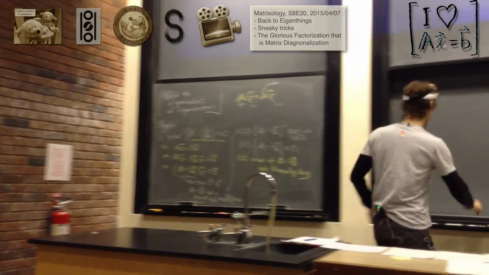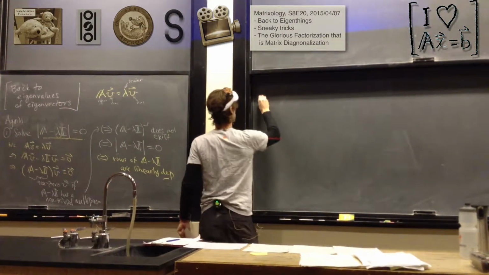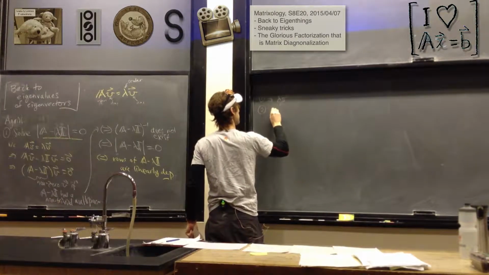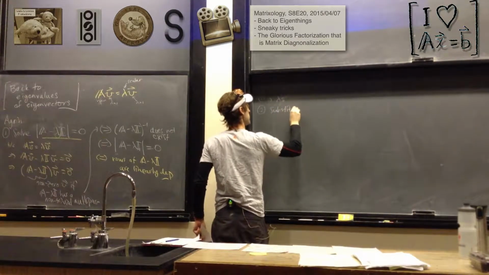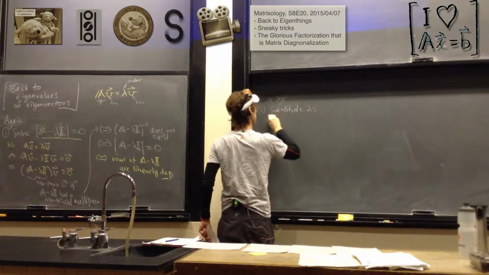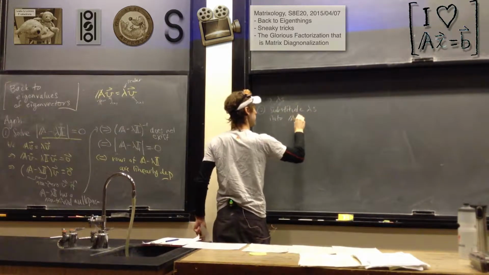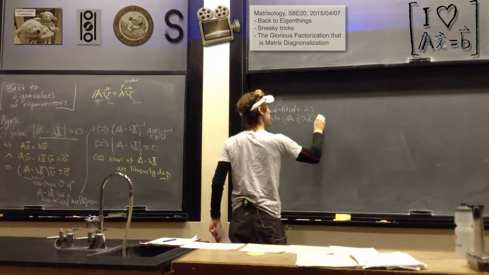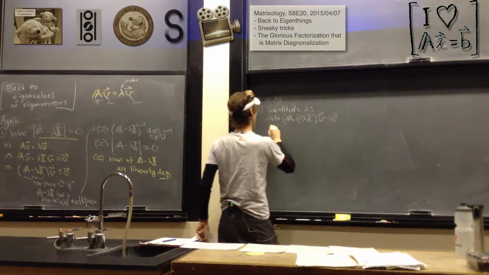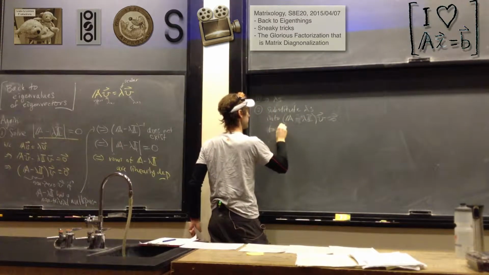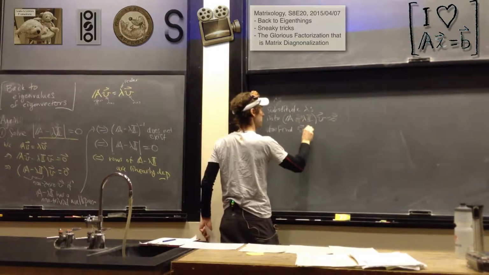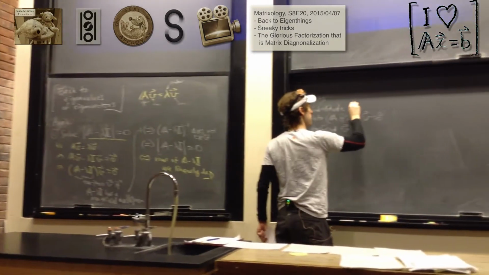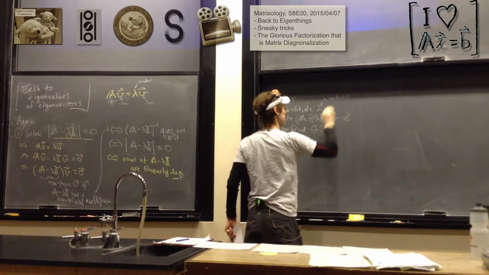So once we've got the lambdas, we substitute them into the problem, A minus lambda I times v equals 0, and find the v's. And these are the eigenvectors, okay? So eigenvalues, eigenvectors.